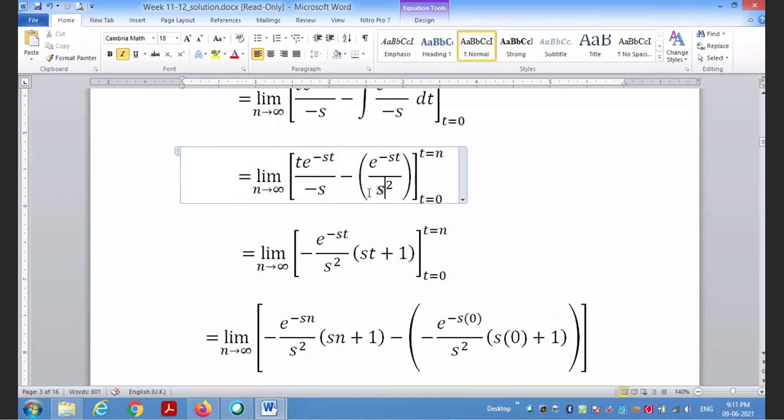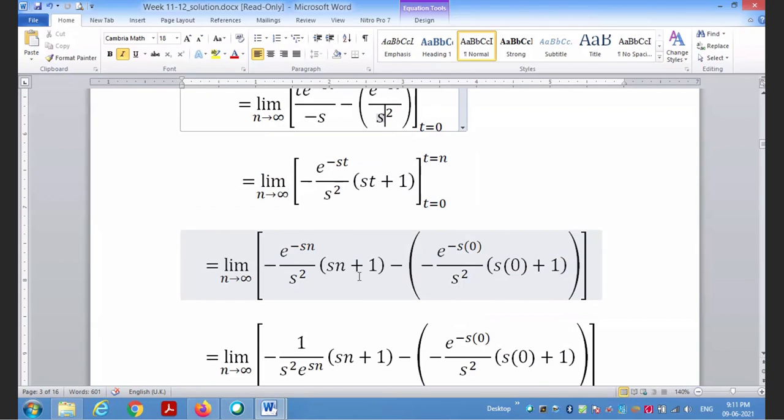And then we substitute t with n first. So this will be minus e to the minus sn over s squared, st becomes sn plus 1. Then minus, when we substitute t with 0, it becomes minus e to the minus s times 0 over s squared times s times 0 plus 1.